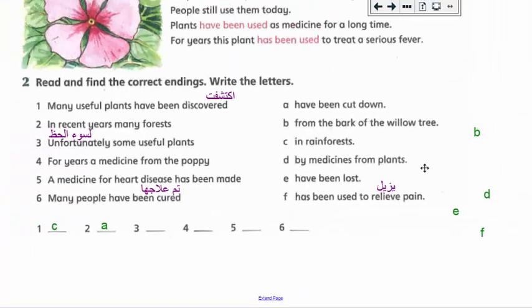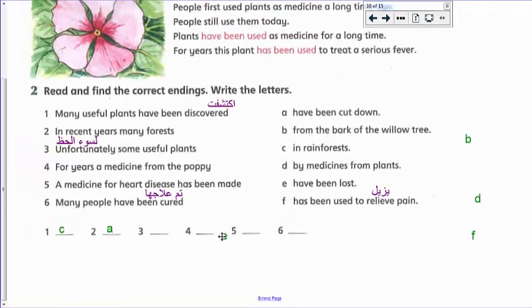Yes, E. Because of the forest have been cut down. For many years, a medicine from the poppy has been used to relieve pain. So F, this is the answer.